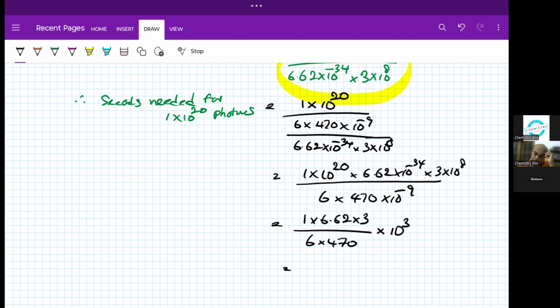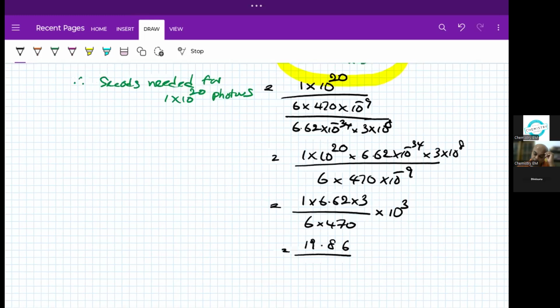You can take 618.19 divided by 0, 2, and 42. 42 and 24, 28 into 10 to the power 3.